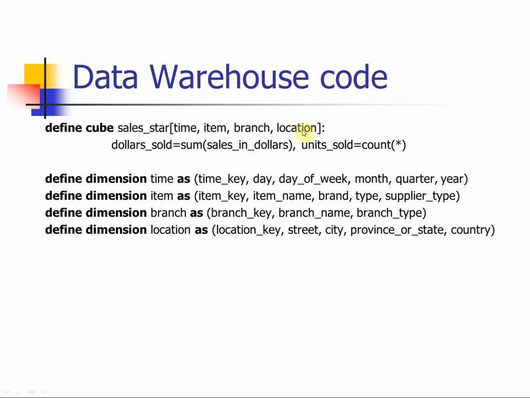For every single dimension you define here, you also need to define the dimension with the define dimension reserved word, with the name as well as all of the attributes that we want to define. Besides the dimensions, you also want to have the dollar sold equal to the sales in dollar unit, equal to count star.